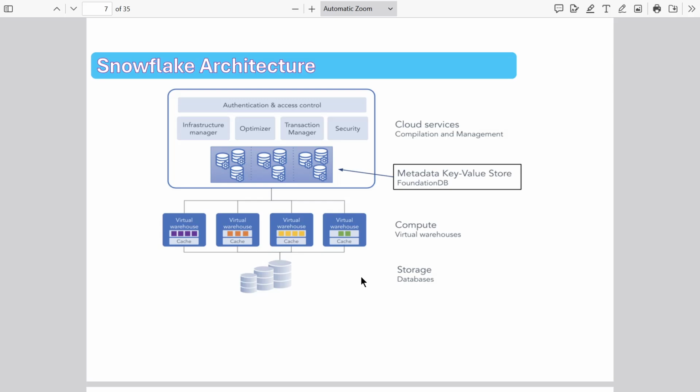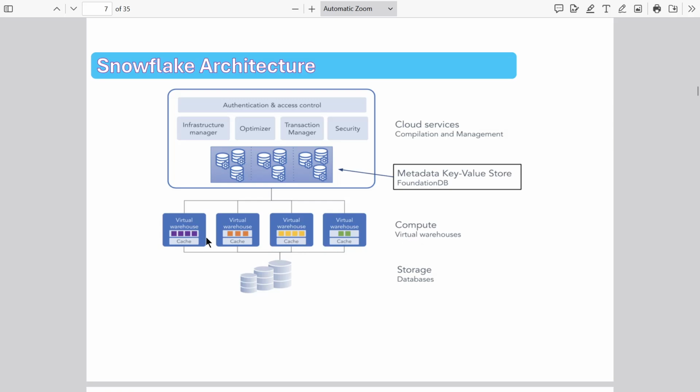Correct. So you can say that the cloud service is the brain of the whole system. This is the brain which is responsible for allocating and managing everything, and this is the storage part, the hardware. And this is the compute virtual warehouse where all the computation is happening. As I have already shared, compute and storage are separated. So this is the compute engine.